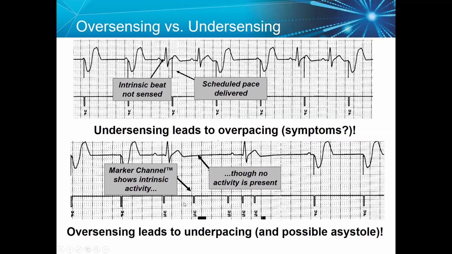Here this is over sensing. The pacemaker labeled this event, which does not appear in the ECG, with no activity in the ventricle, as V sense. So it inhibits pacing. After that, V sense, V sense, V sense, and fortunately there is an intrinsic escape rhythm here, but without it, this would all be pause.